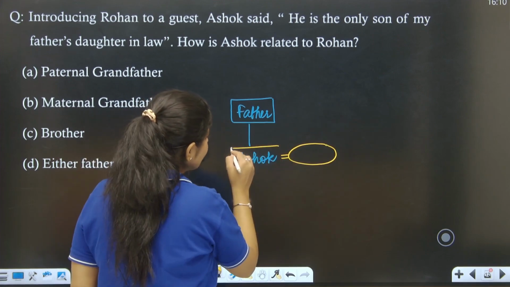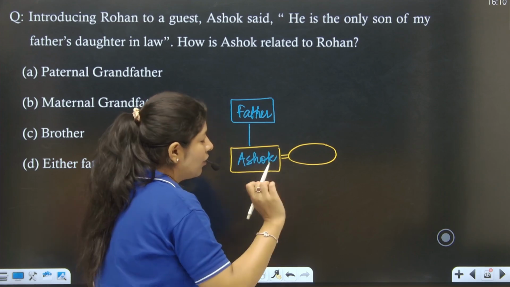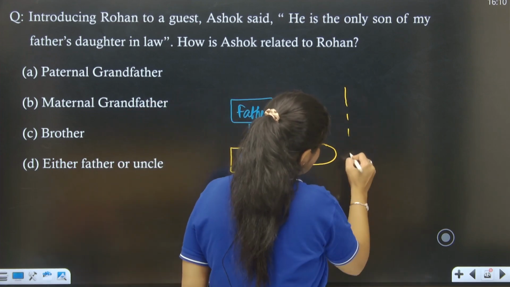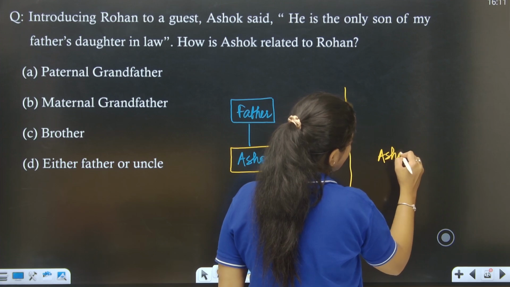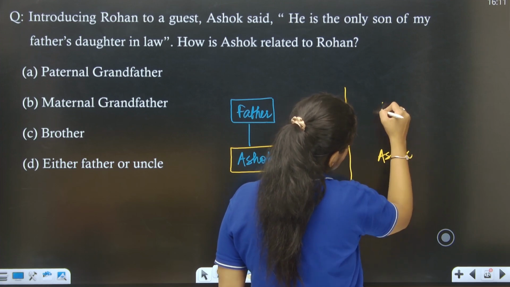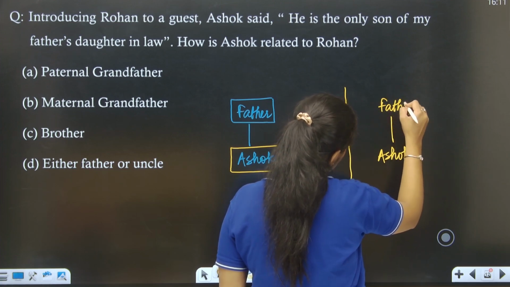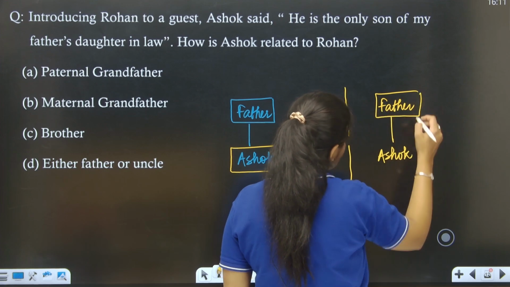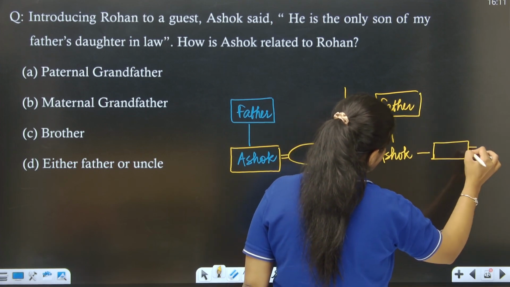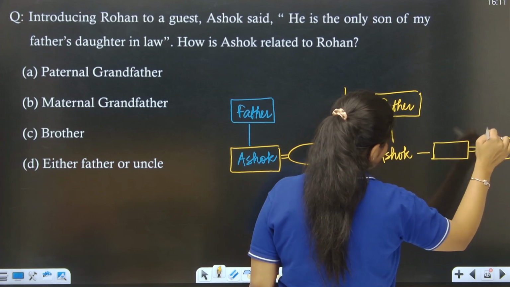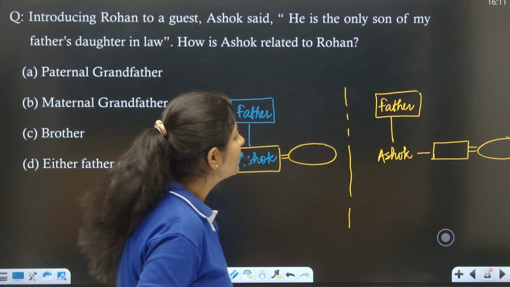Or the second case says that here we are having Ashok and Ashok's father. There's a possibility that Ashok might have one brother, and there's a wife of his, and she is also the daughter-in-law of this particular father.